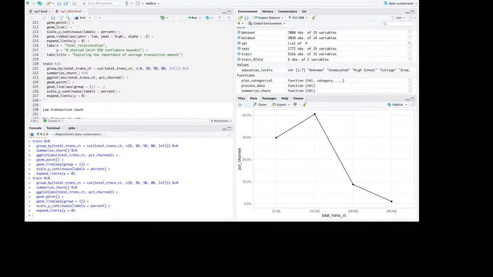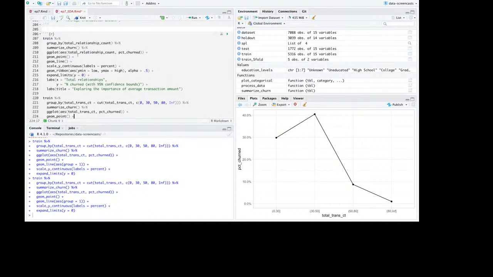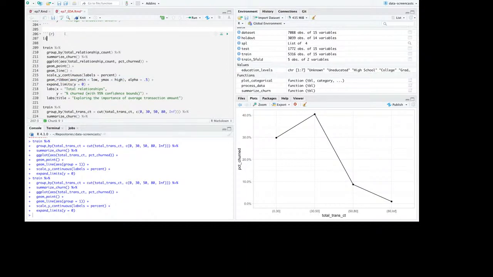So what I'm going to do is look at transaction count. And you know what? I like this ribbon plot. I should turn it into a function, interval x.